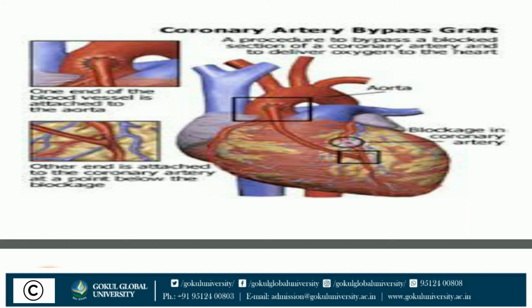In this procedure, one end of a blood vessel is attached to the aorta, the arch of the aorta you can see, and the other end is attached to the coronary artery at a point below the blockage. In this diagram you can see the blockage in the coronary artery, and the quadrangular mark shows the graft.